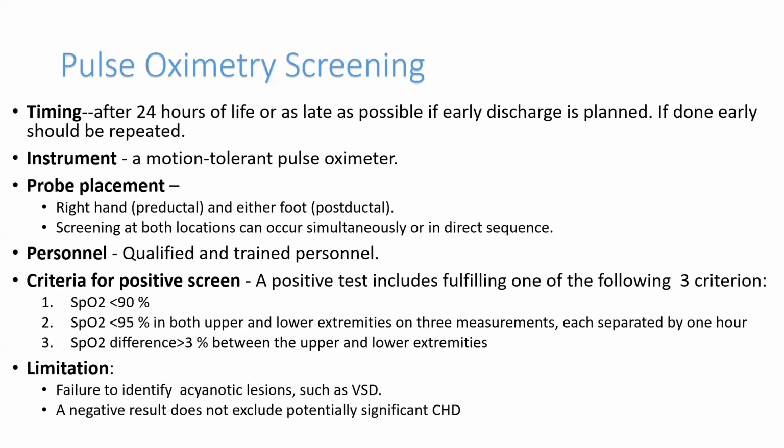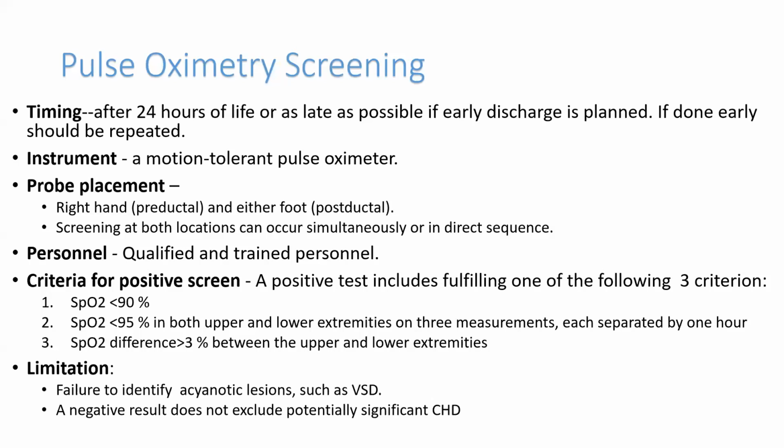If a baby has to be discharged within the first day of life, then try to do it as late as possible. But most of our deliveries, even the spontaneous births, go home the following day. So at least 24 hours after, then you do it. And if it has to be done early, then it should be repeated.